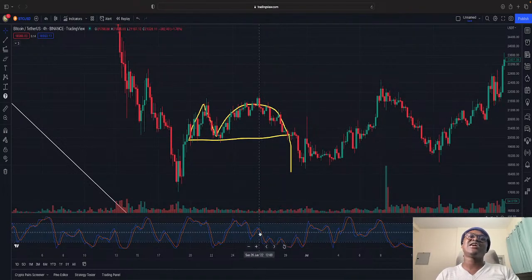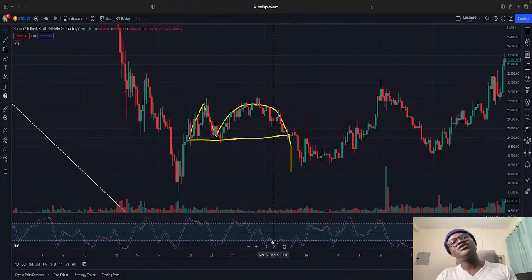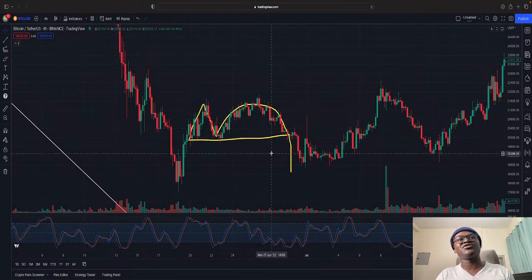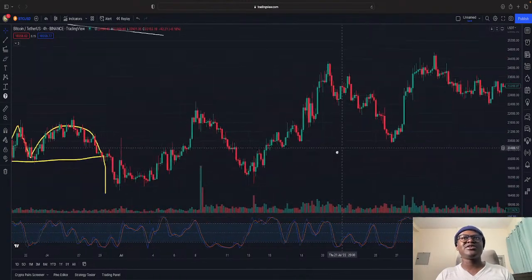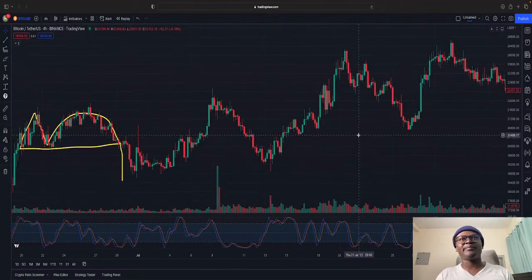You would see them as a drop in momentum. So you need the momentum to be going up to show strength of the price action you are seeing. If you see the momentum decreasing, it simply means what you are seeing is not really holding up. It's going to collapse, and in that case it went up.